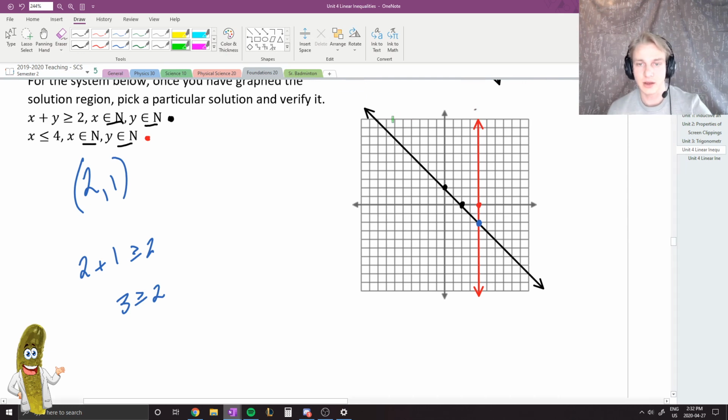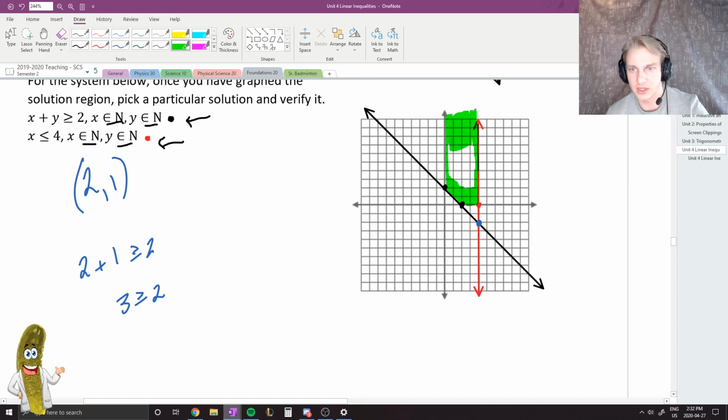So I'm going to highlight all of this area, but before I do, I need to revisit these two little points here. And those say that y and x can only be natural numbers. And we said that natural numbers were positive integers that did not include 0. And so as such, I'm going to fill in only this region here.